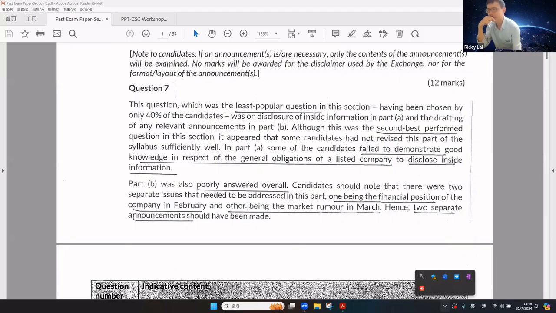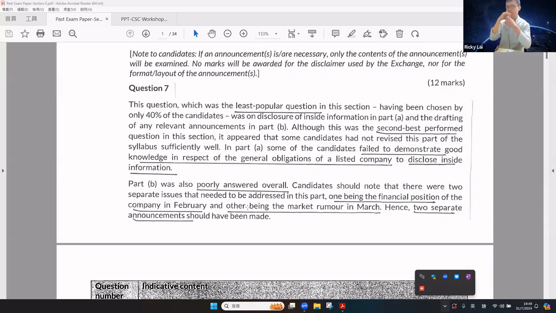Unfortunately, this question was not popular with candidates. Only 40% of the candidates selected this question in Section B. Part A is very straightforward and asks you about the disclosure of inside information, and Part B requires you to prepare the announcement on inside information.